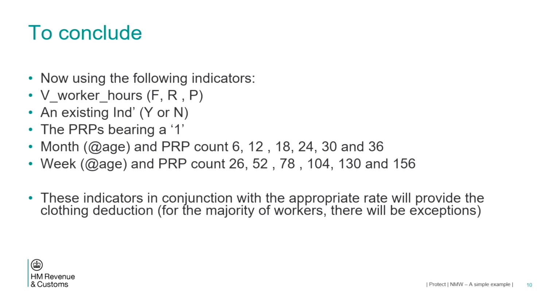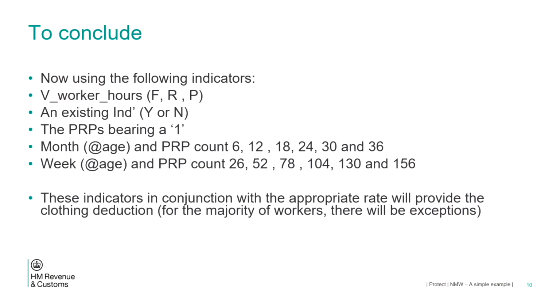So these in conjunction, remember then as well, you've got to put it in conjunction with the appropriate rate. So how do you get that? Well, you get the age of the individual. Where I had the field VH, that's the age of the pay reference period, the difference in time. But you now need the date of birth of the individual and then work out the actual age to then work out the actual NMW or NLW rate.